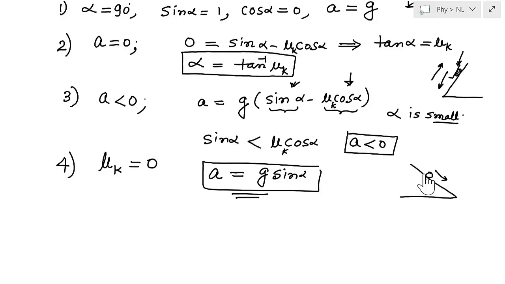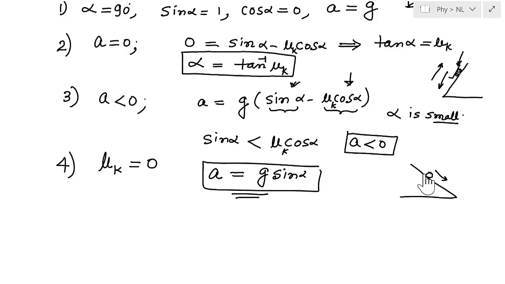So in this video, we have seen how to analyze an object moving or falling over an inclined plane where the surface has some friction coefficient, and we derived a general expression. This general expression can be considered for different special cases, which we learned as numerical problems in the previous videos.